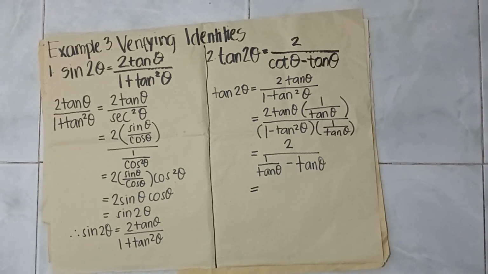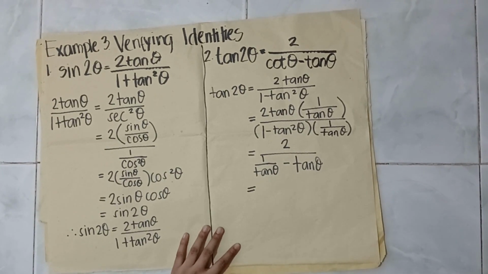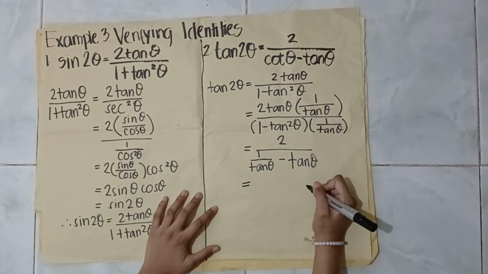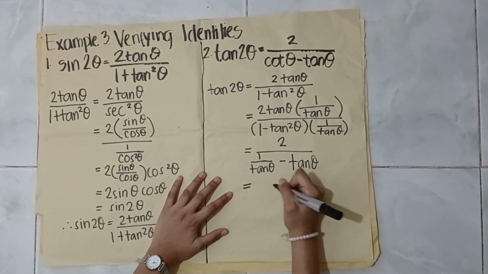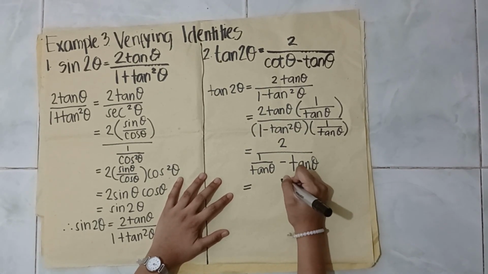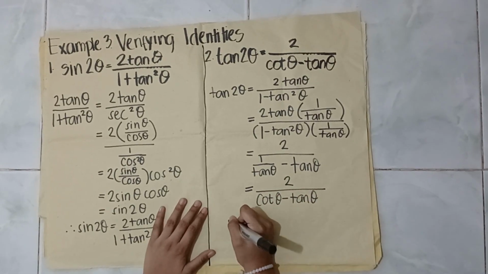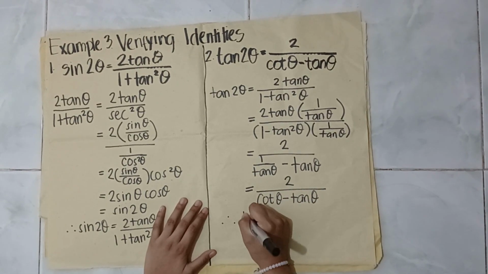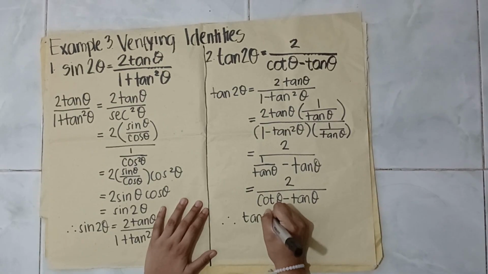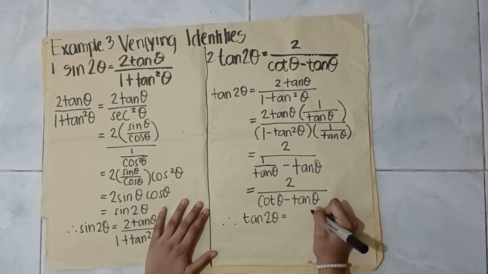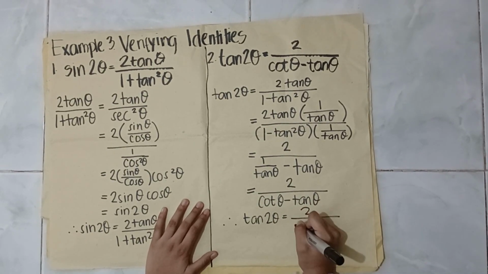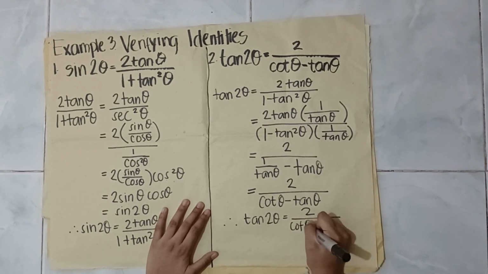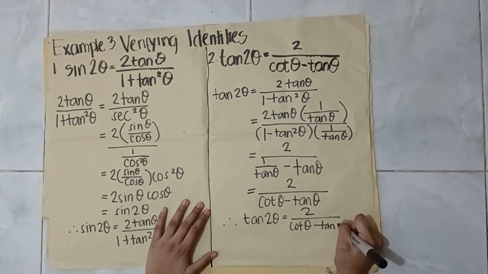And then use the reciprocal identity for 1 over tangent theta. So, therefore, tangent 2 theta is equal to 2 over cotangent theta minus tangent theta.